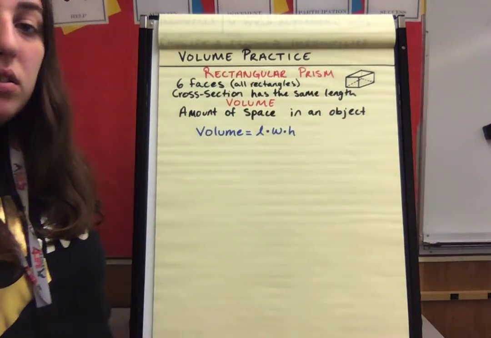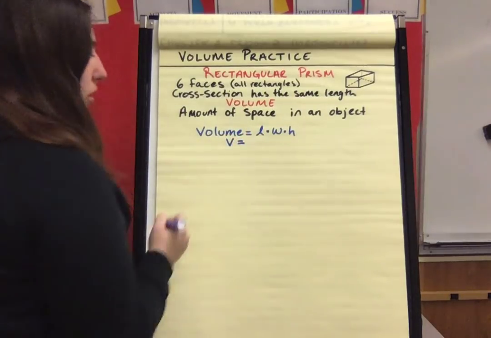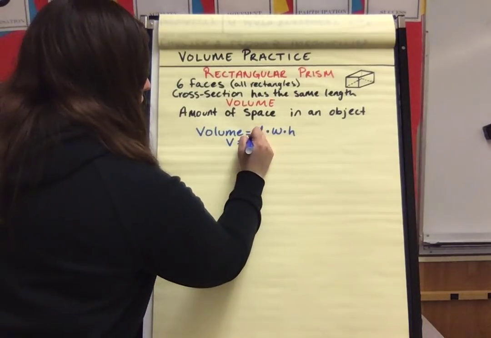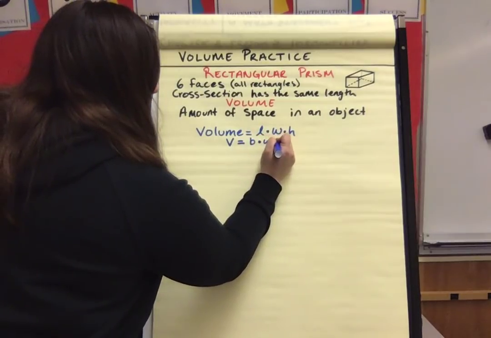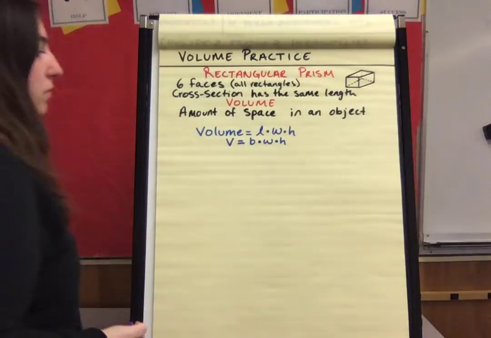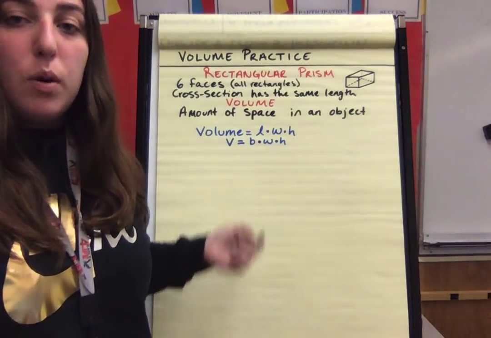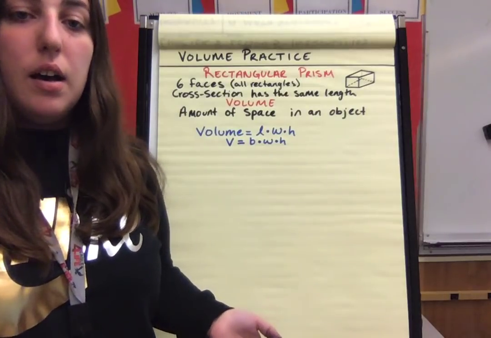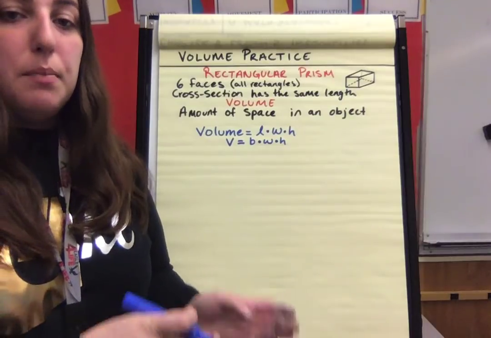Okay, we can also say volume equals base times width times height. Okay, I wrote base instead of length just because when we're trying to find the area of rectangles, triangles, trapezoids, we always said base times height.